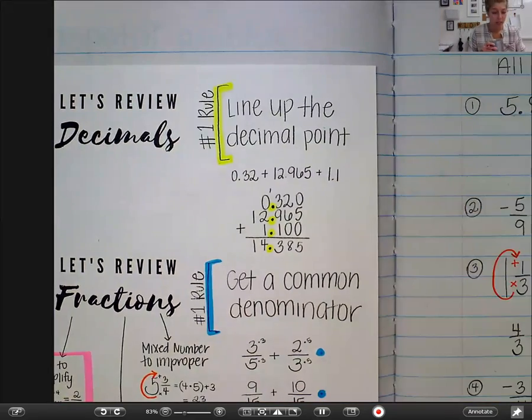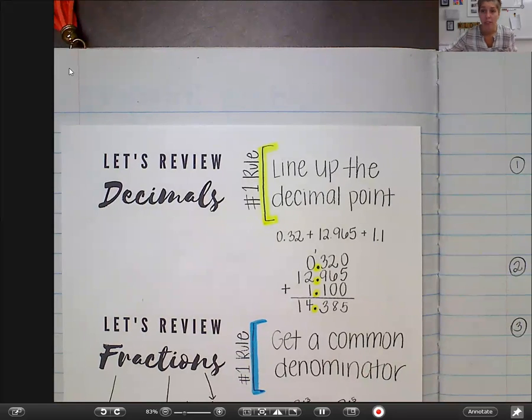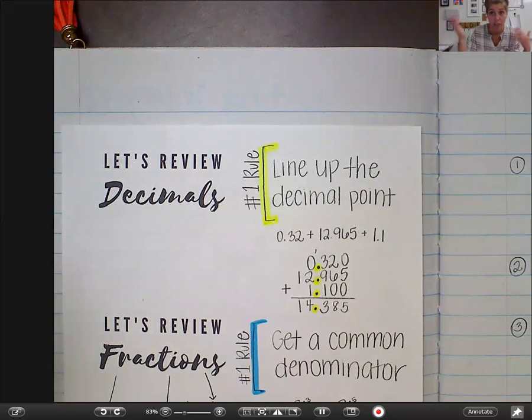There are a few things I want to remind you of that you should have written down, so I'm going to go very quick. For decimals, remember the number 1 rule, the only thing in fact that you have to remember, is that you need to line up the decimals. If the place values don't match, we're literally adding the wrong place values together. So that's not what we want.